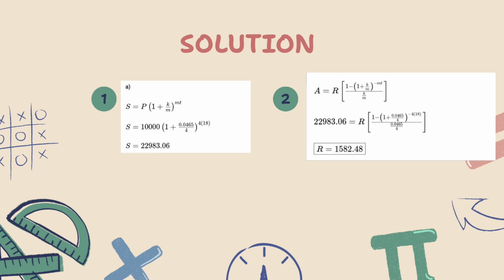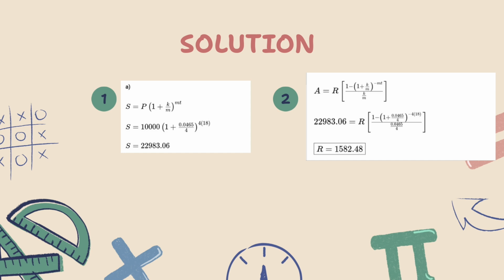Next, I use the present value of an ordinary annuity formula to find the quarterly payment R. The formula: A equals R times (1 minus (1 plus K per M) to the power minus MT) per (K per M). After that, the solution: 22,983.06 equals R times (1 minus (1 plus 0.0465 per 4) to the power minus 4 times 4) per (0.0465 per 4).